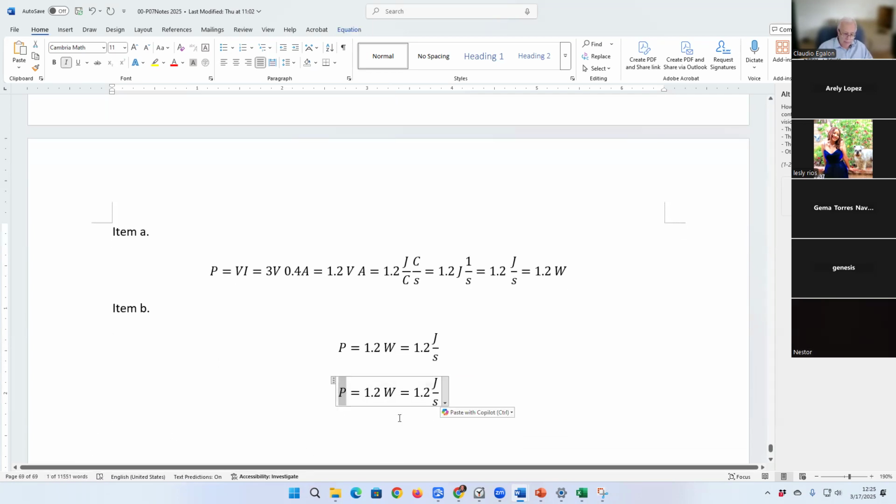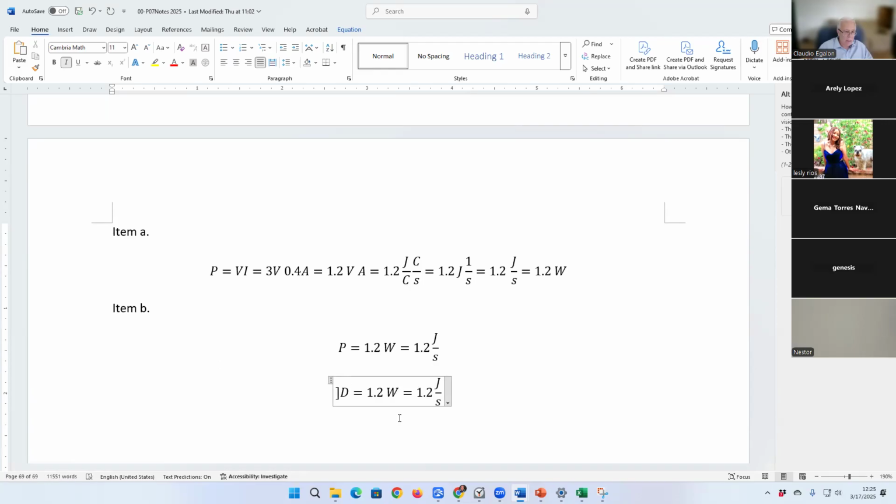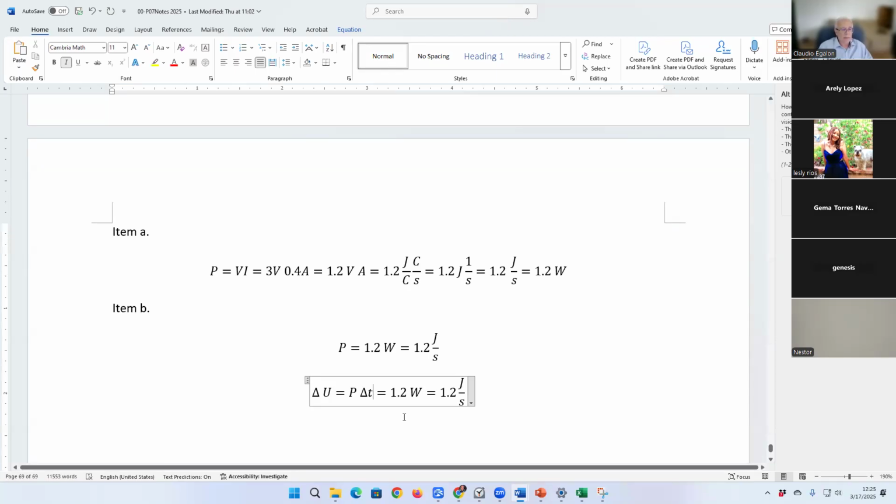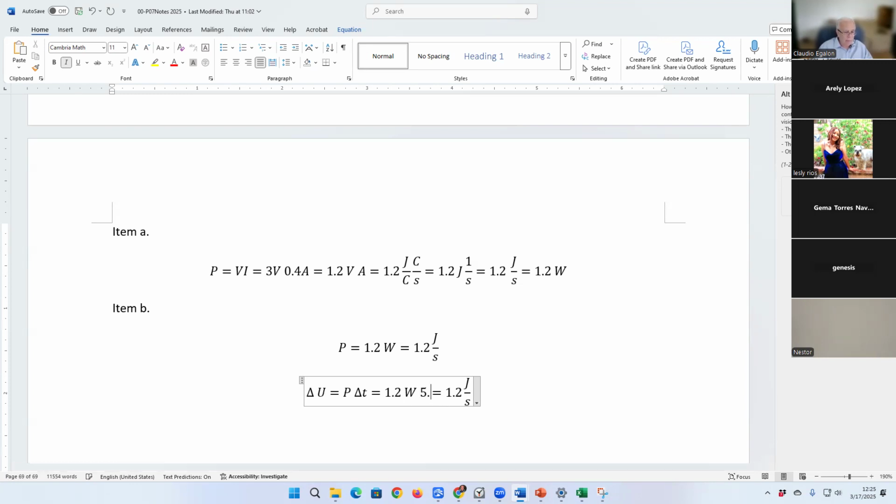And delta U must be equal to power times delta T. We're talking about 5.5 minutes. So power is 1.2 watts, delta T is 5.5 minutes.